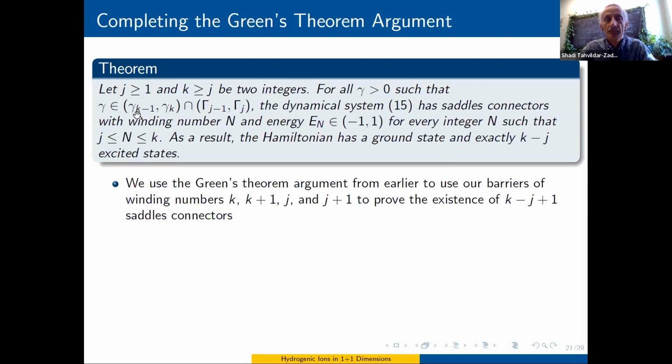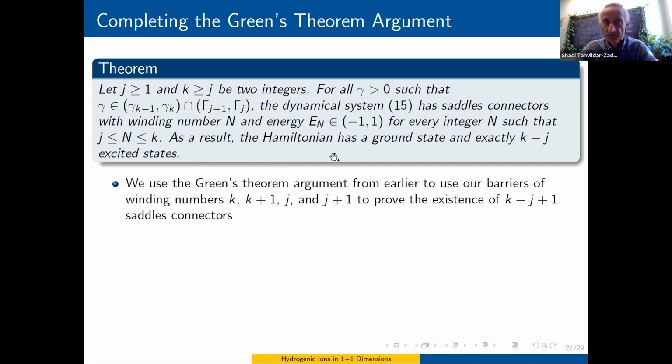Given any J and K, if gamma is in the intersection of these 2 intervals, then you will get saddle connectors with winding number N for every integer capital N lying between J and K, right? So that gives you a full description of how many bound states you're getting and what is their winding number. And as you can see, it's a finite number.